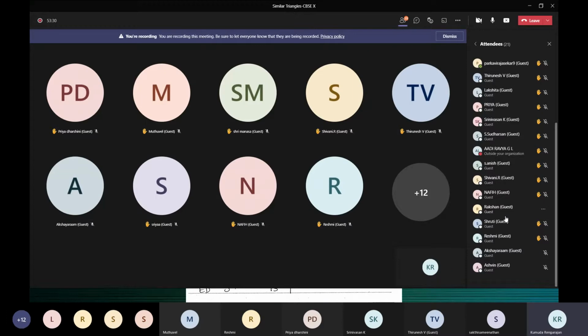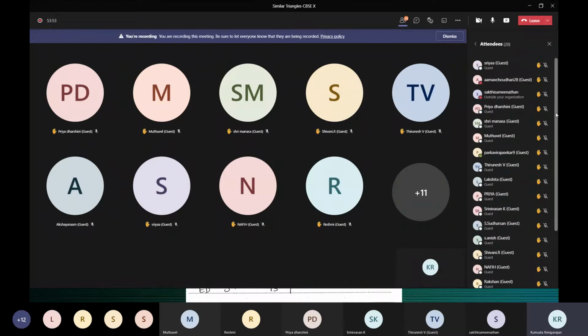I don't know what counter reply I must give, so let me just keep quiet. Okay, fine. At least you mentioned that. Let me catch the others. Sudarshan does not communicate. Srinivasan, yes. Priya, only on demand. Lakshita has never. Tirunesh, active recently. Parkavi is active.